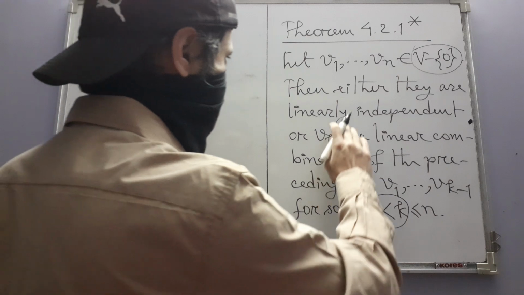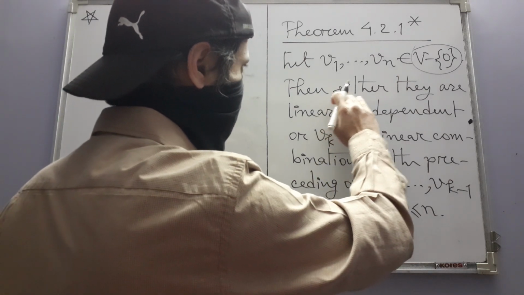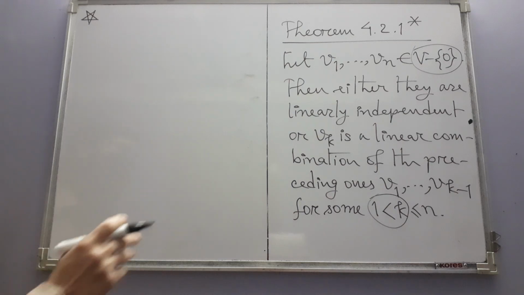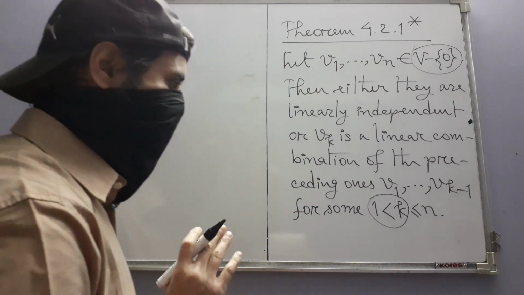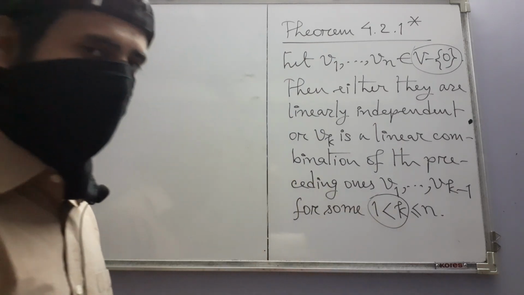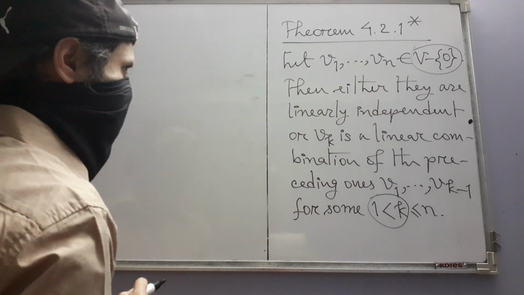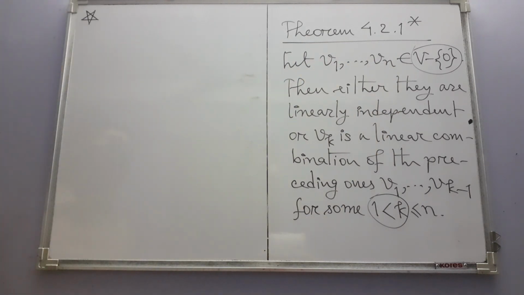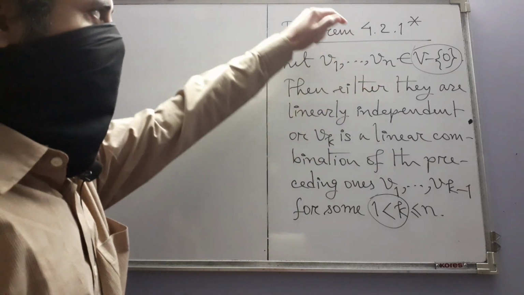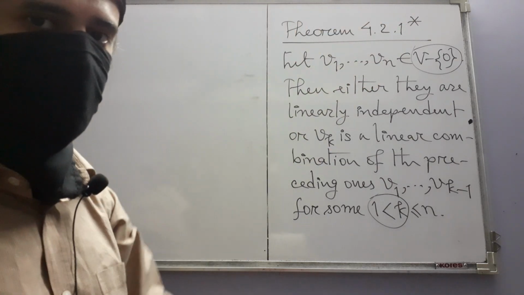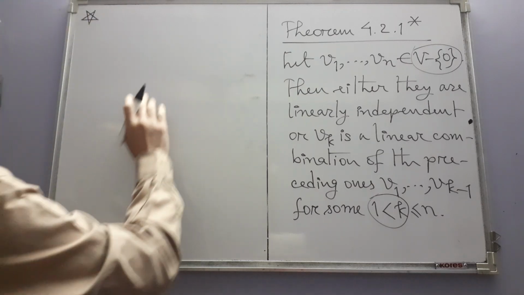What is our claim? The claim is almost the same. Either these vectors form a linearly independent set, or some Vk is a linear combination of the preceding ones, but with this extra condition. And also now none of these vectors is 0. This we assume primarily to avoid that situation where we consider that set which has 1, 0.